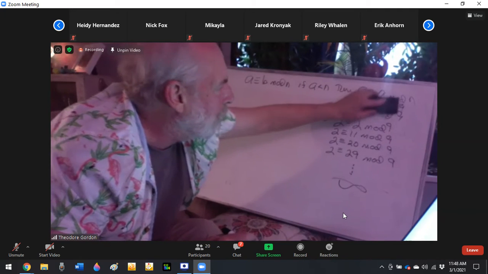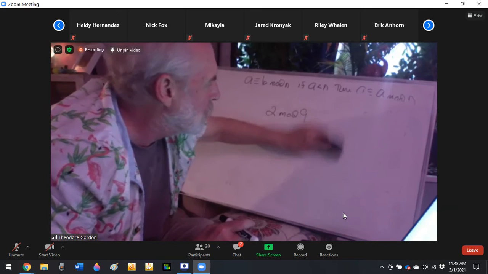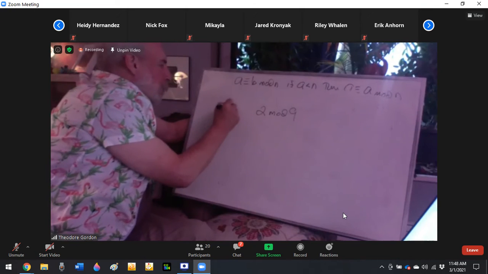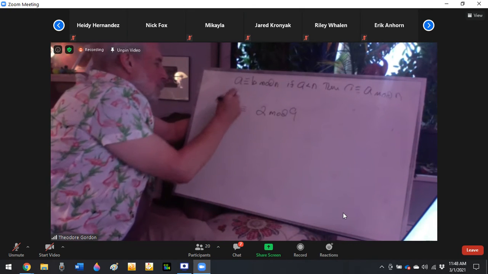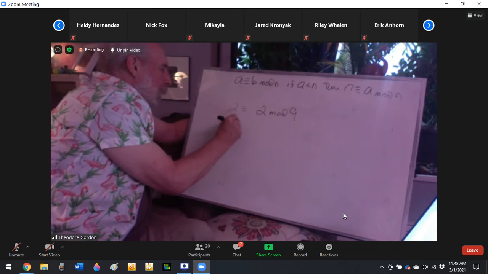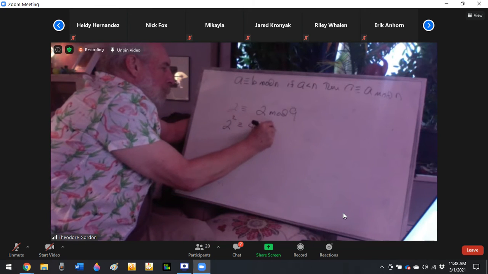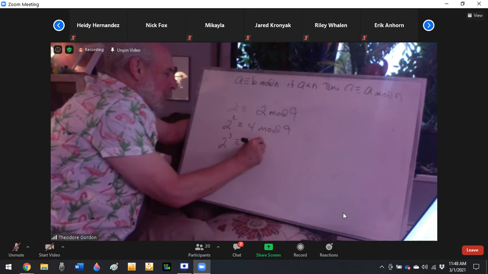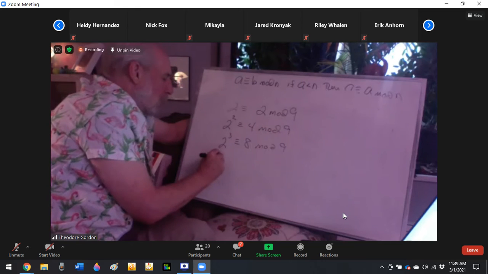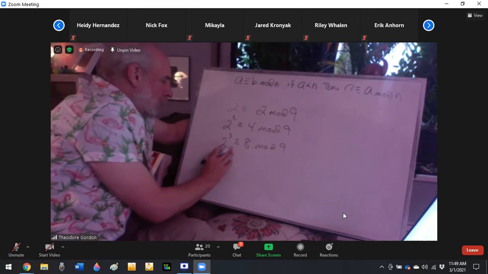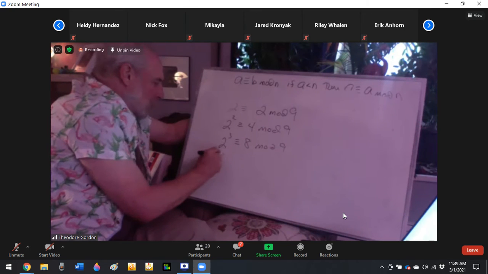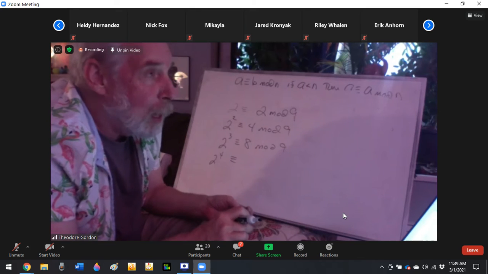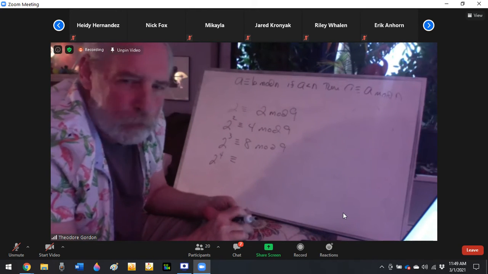I want to show you something else that happens here. 2 is congruent to 2 mod 9. 2 squared is congruent to 4 mod 9. 2 cubed is congruent to 8 mod 9. 2 to the 4th is 16. 9 goes into 16 once and leaves a remainder of what?